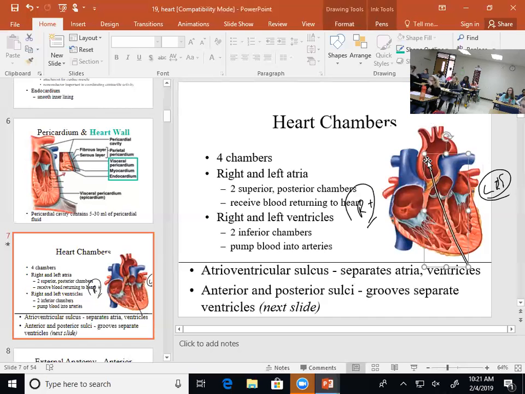Vessels that bring blood to the atria are called veins; vessels that carry blood away from the ventricles, away from the heart, are called arteries. I just saw a test question on the nursing test that said arteries carry oxygen-rich blood, stating that arteries do. Do all arteries carry it?